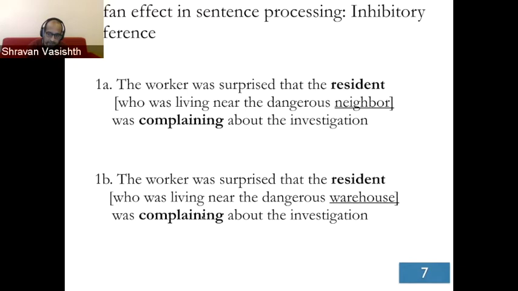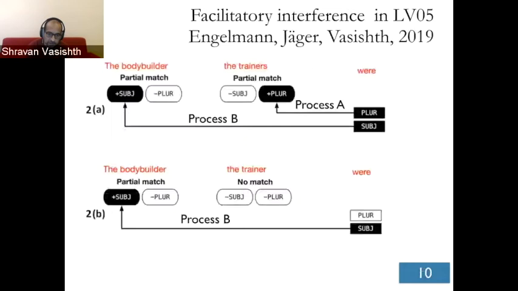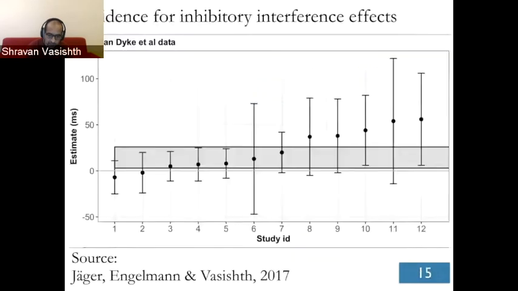So it's the difference in reading time between conditions, and those are the dots I'm showing you. The good news is that if you put the 12 studies together, you see some evidence for an interference effect. The 95% confidence interval is maybe 0 to 25 milliseconds. Oh, sorry, the mean is something like 12.5 milliseconds. So that's the meta-analysis estimate of the inhibitory interference effect from the studies from Julie Van Dyke.